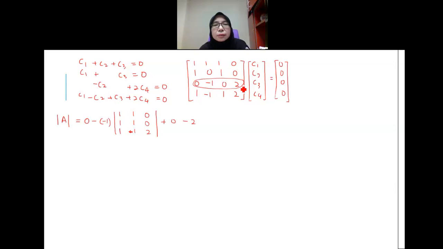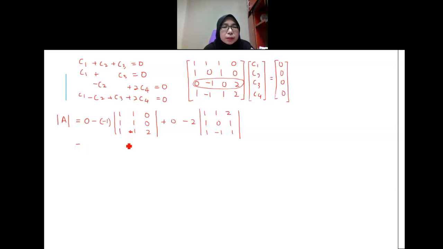The submatrix is 1, 1, 2, 1, 0, 1, 1, negative 1, 1. Now find the determinant of this 3 by 3 matrix.